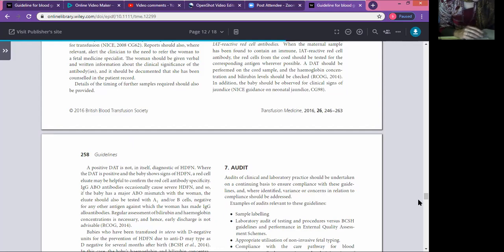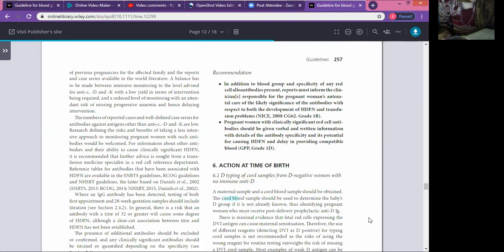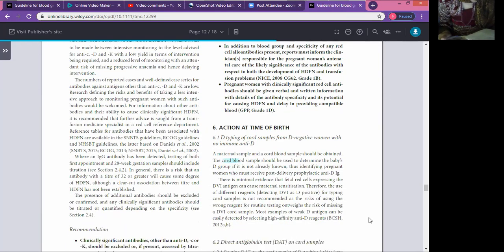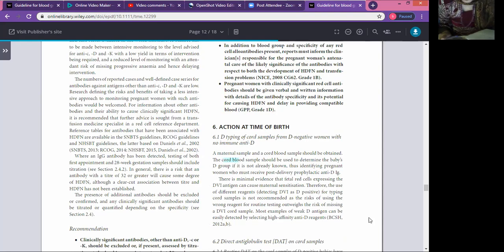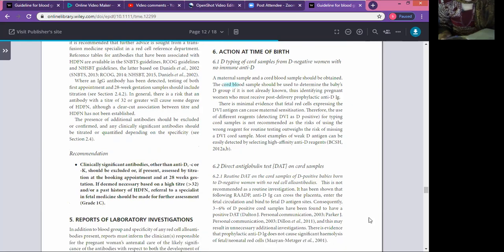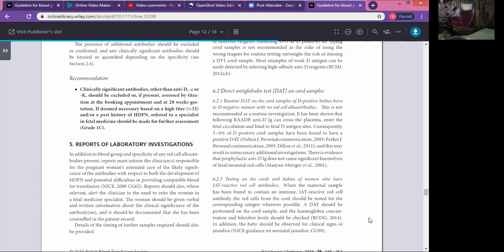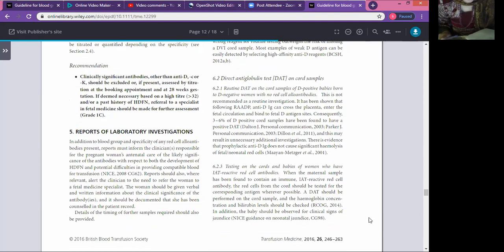If we do not have that history, we may go about unnecessarily testing the sample. There is evidence that prophylactic anti-D does not cause significant hemolysis of neonatal RBCs. So the DAT needs to be done, but the strength of the DAT and the history of anti-D need to be taken into account.